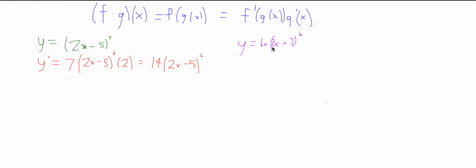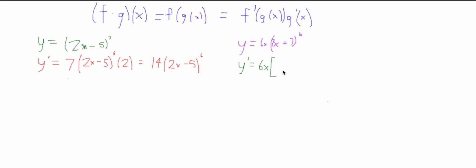What we gotta remember is that we have multiple rules in use here. We have the product rule, power rule, and the chain rule basically. So we're going to use the product rule: f of x times the derivative of g of x. That's where we're using the chain rule here.